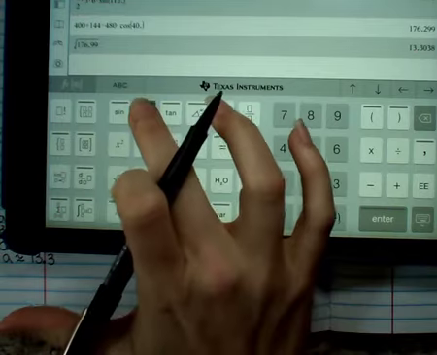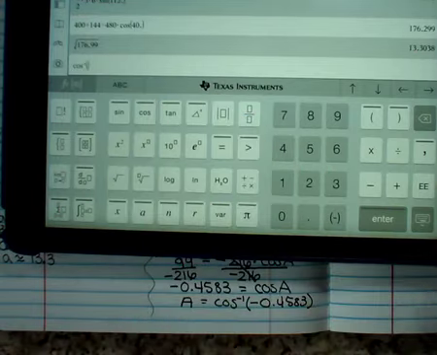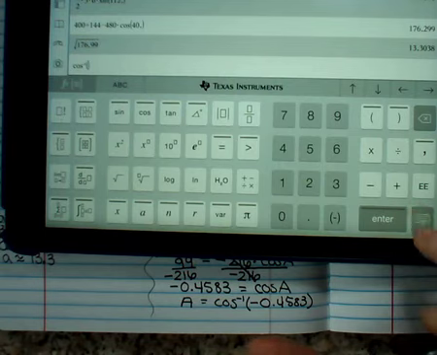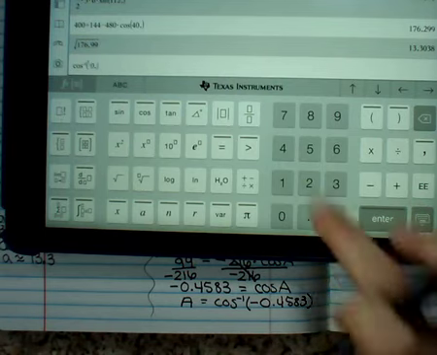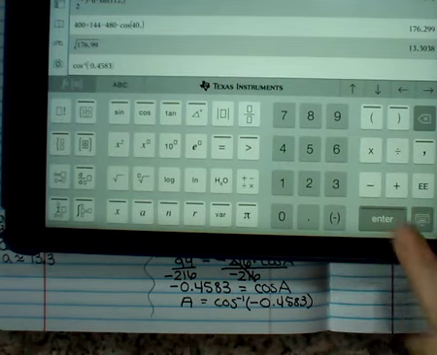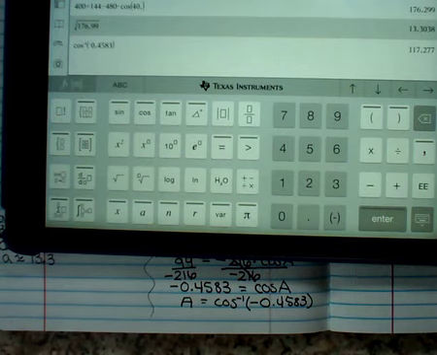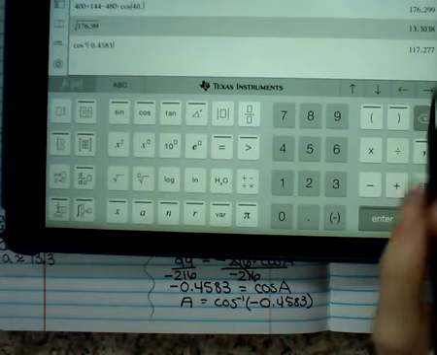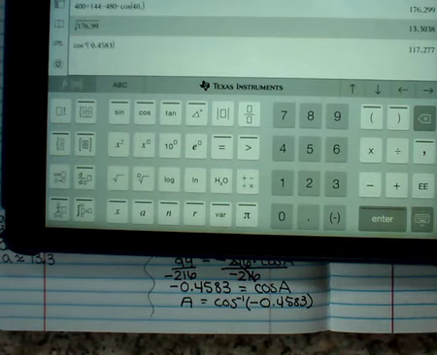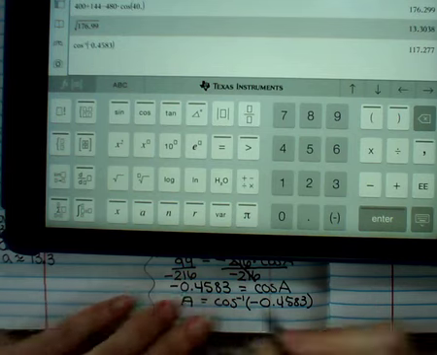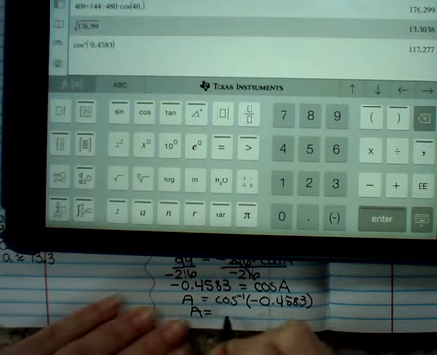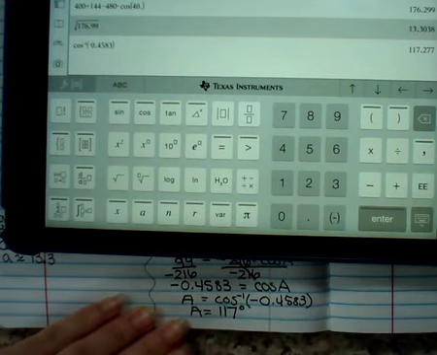So we want the inverse cosine of negative 0.4583. And that will tell us that our angle is 117 degrees. And remember, I wanted you to round that to the whole degree. So A equals 117 degrees.